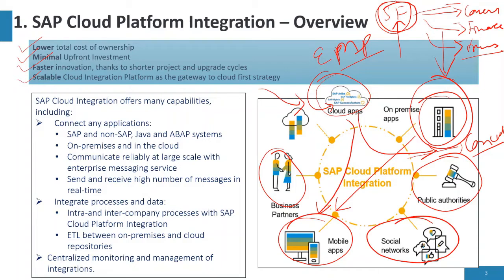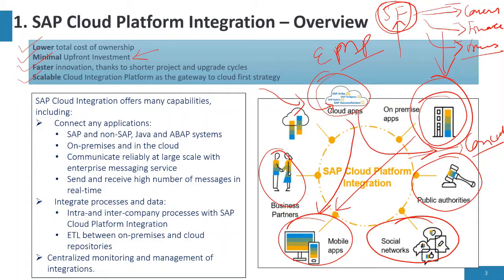Then minimal upfront investment. The reason is, when you plan that you need a middleware to connect all the systems that you have in your landscape or outside your landscape, if you go for CPI, since it's in cloud, you don't have to go and purchase a data center. You don't have to get it installed.